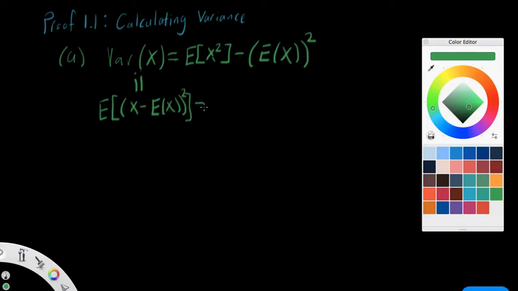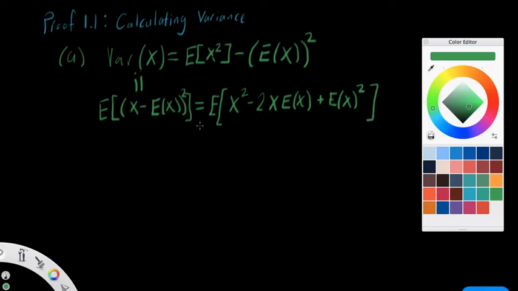So that is equal to the expected value of all this expanded, which is X squared, subtract 2 X times the expected value of X, plus the expected value of X, all squared.